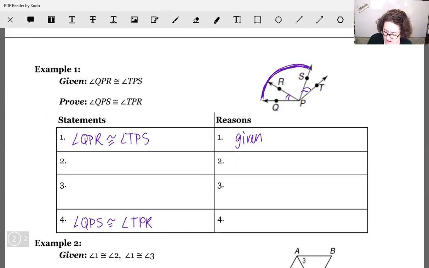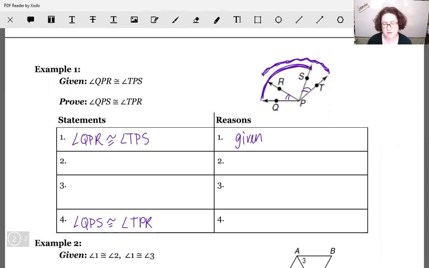And if, again, trace them through, so TPR, that's this angle. Wait a second. I'm starting to see something. Do those 2 angles have any overlap or anything in common? They both have that middle section. So you know what? Let's use one of those new properties that we haven't quite used yet.